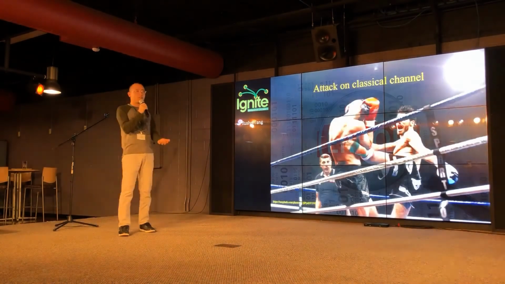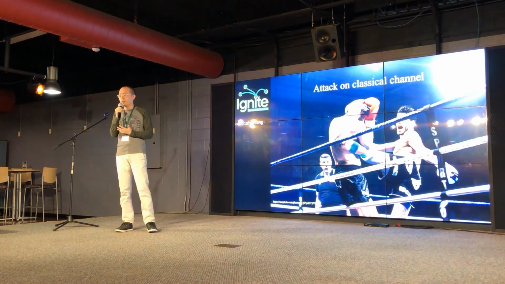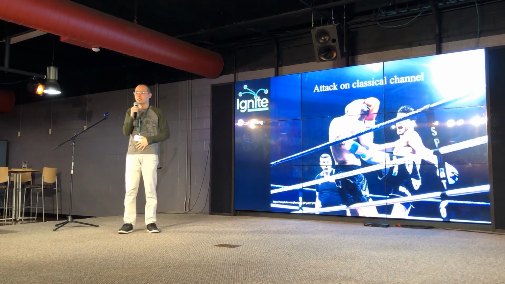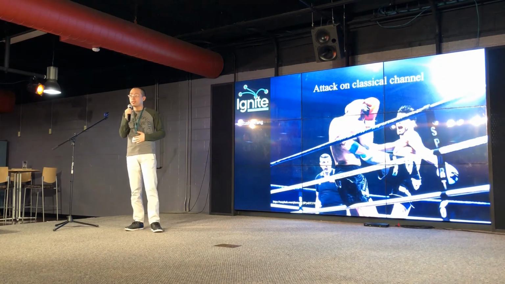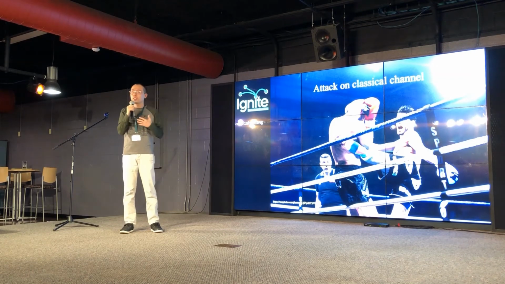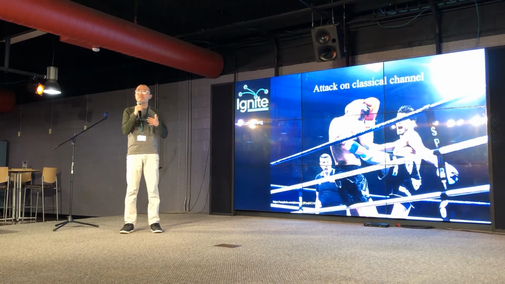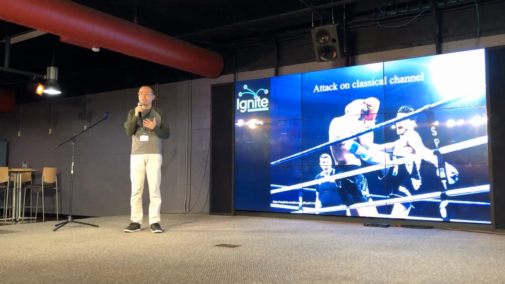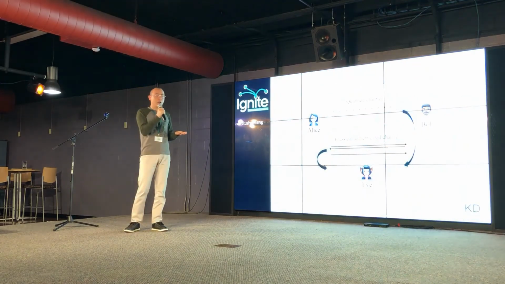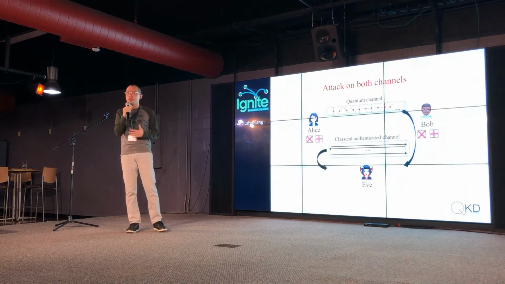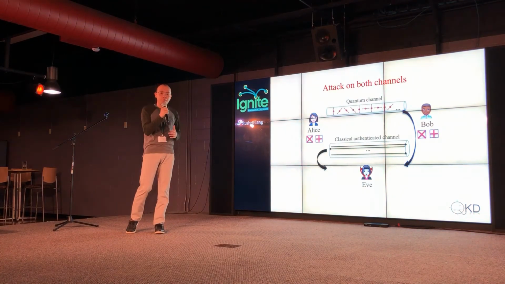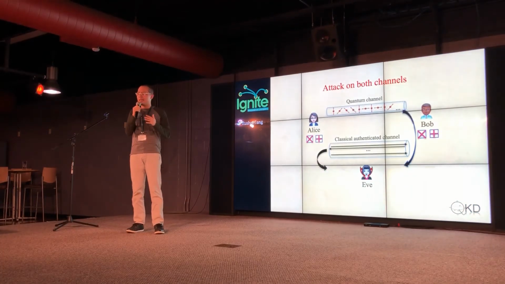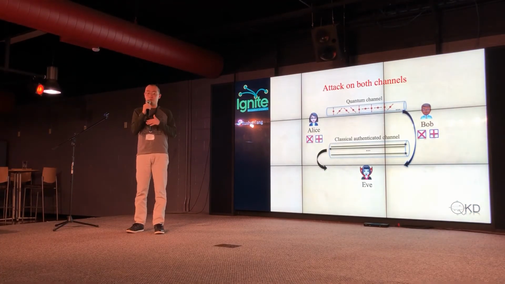But what if Eve attacks the classical channel and gets information about the basis? Well, remember Alice and Bob only discuss the basis after the photon transmission is done. So even though Eve gets the right basis, she has no photons to measure anymore. But what if she hacks both channels? In the quantum channel, she intercepts the photons, duplicates them, and sends the original photon to Bob.